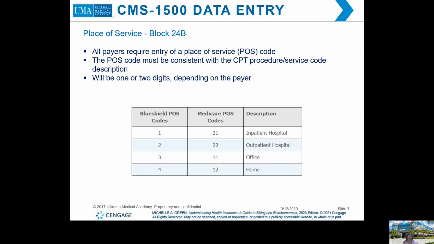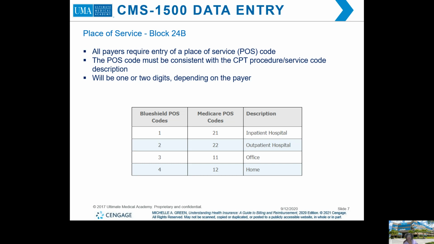So if I'm reviewing a claim and the place of service says 11, which is office, but when I look at the CPT code, it tells me that the service was an inpatient hospital visit. Now there's a disjoint.